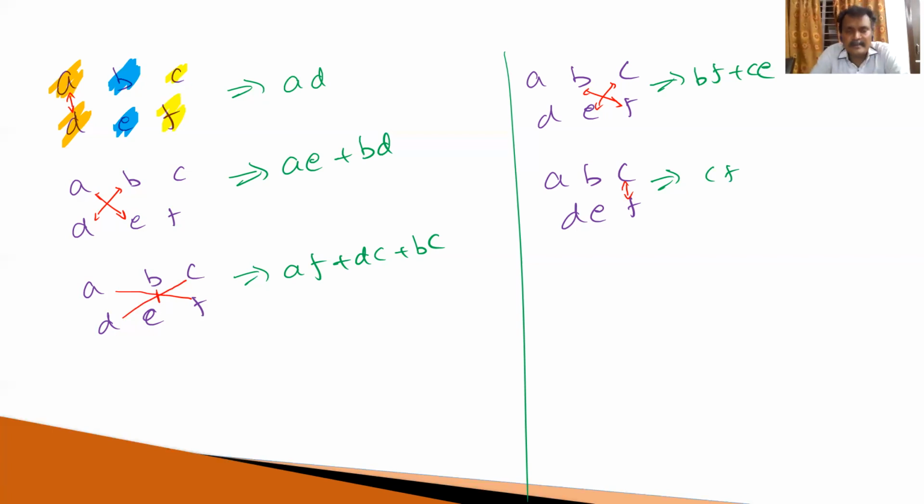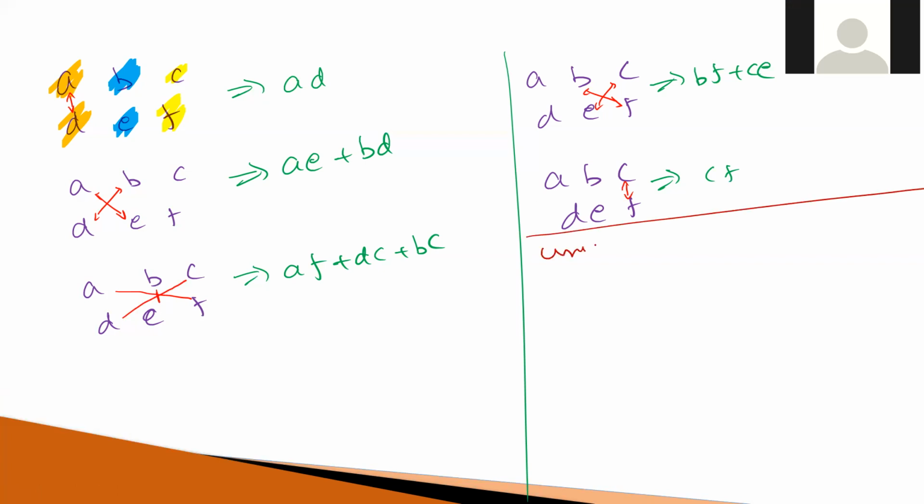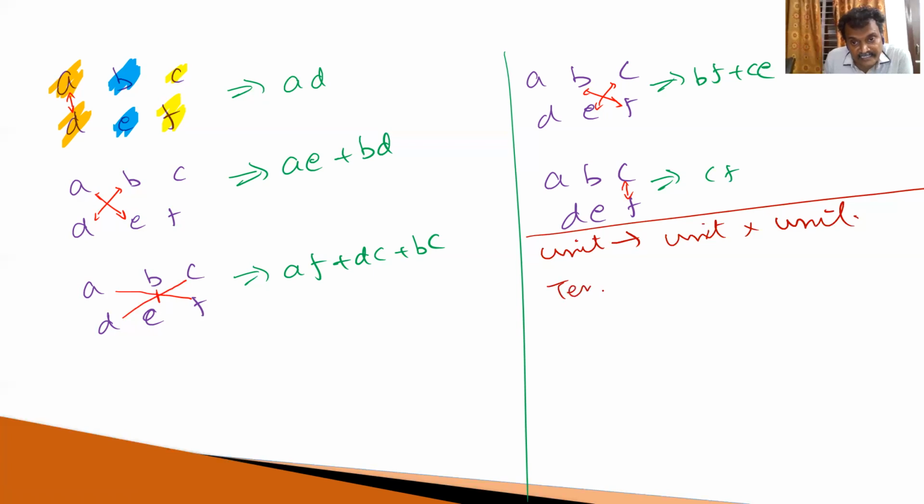Right? Now, all of you listen carefully. When will you get the unit digit? Tell me. I already explained. When will you get the unit digit? Unit digit into unit digit. Unit into unit.